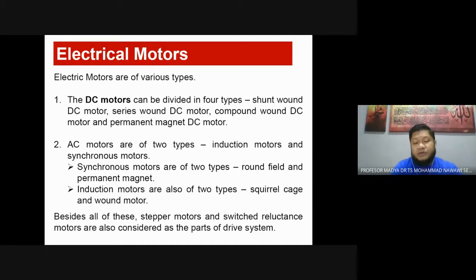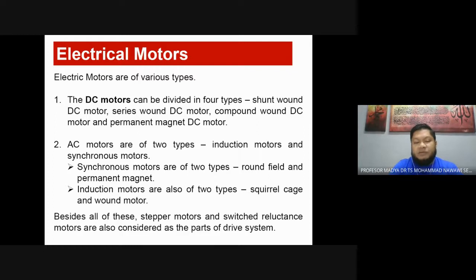And for the AC motors, there are two types of motors: synchronous motors and induction motors. The difference between these two motors is the speed of the rotor. If you talk about a synchronous motor, the speed of the motor equals the speed of the rotating magnetic field. The speed of the motor equals the synchronous speed. Synchronous speed is the speed of the rotating magnetic field.